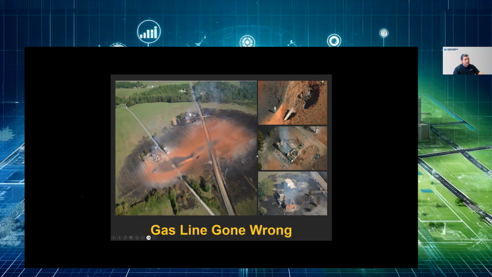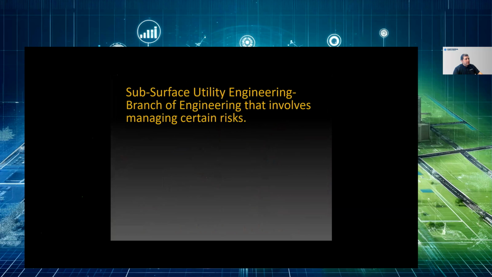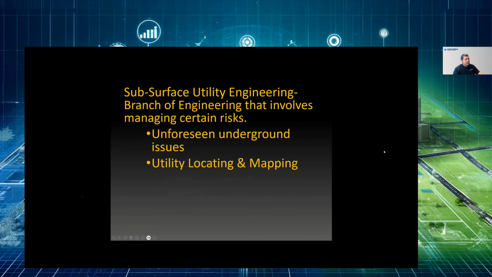If there is a gas line and the contractor digs before locating, they might cause huge damage, like when they hit a gas line or a water line. Therefore, there is a subsurface utility engineering branch of engineering that involves managing certain risks.